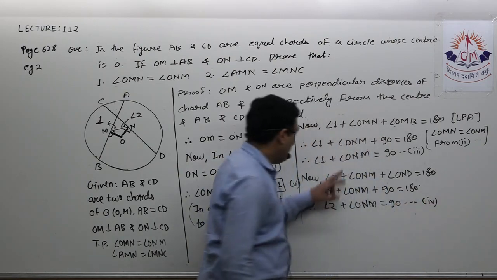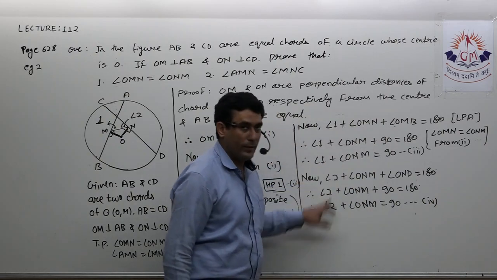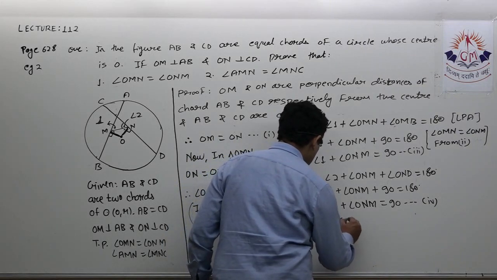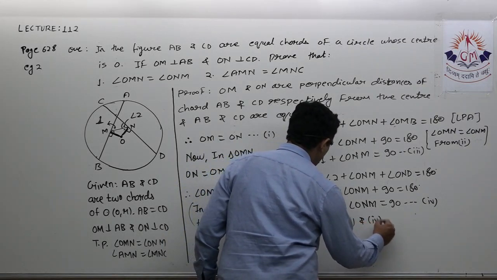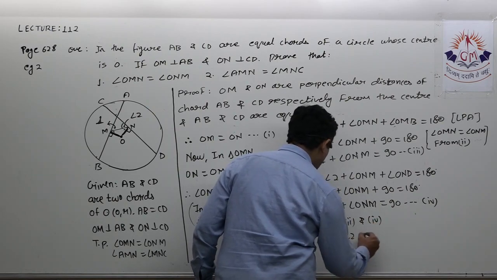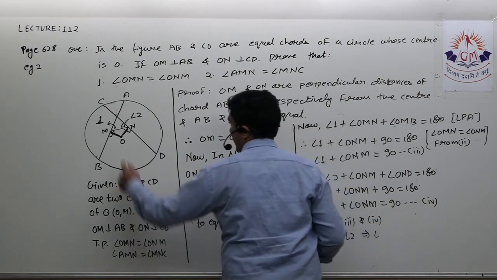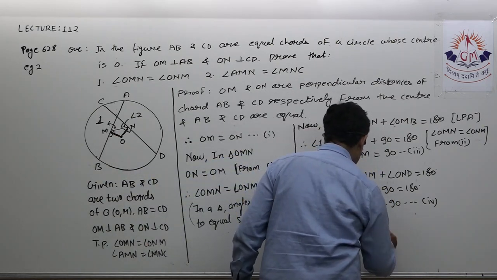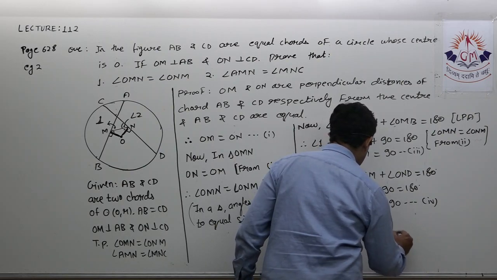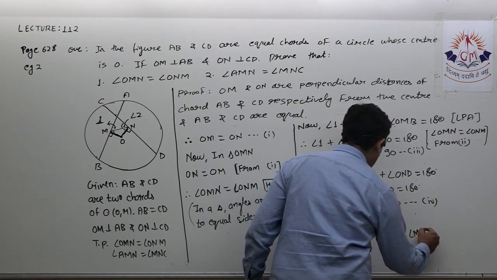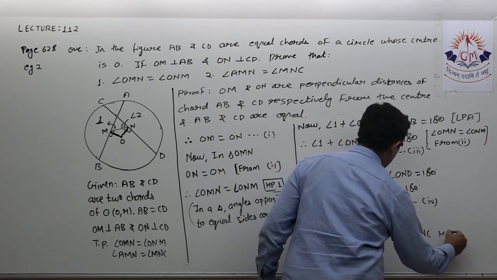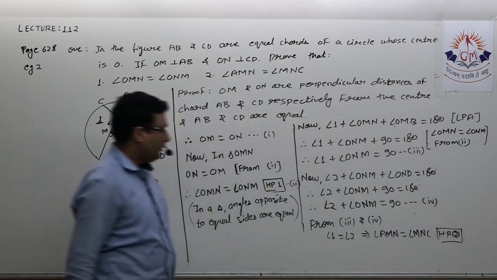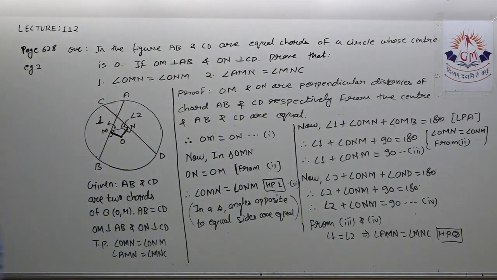This is equation 4. From third and fourth, angle 1 is equal to angle 2. Therefore angle AMN is equal to angle MNC. Hence proof of the second. Please note it down. Then we'll see the next question.